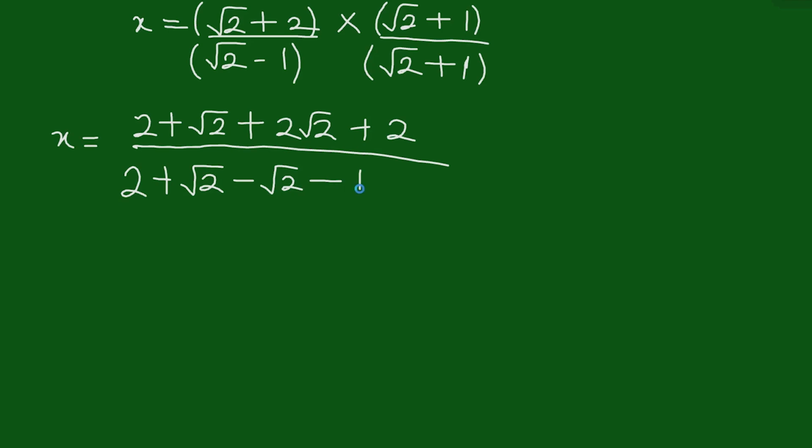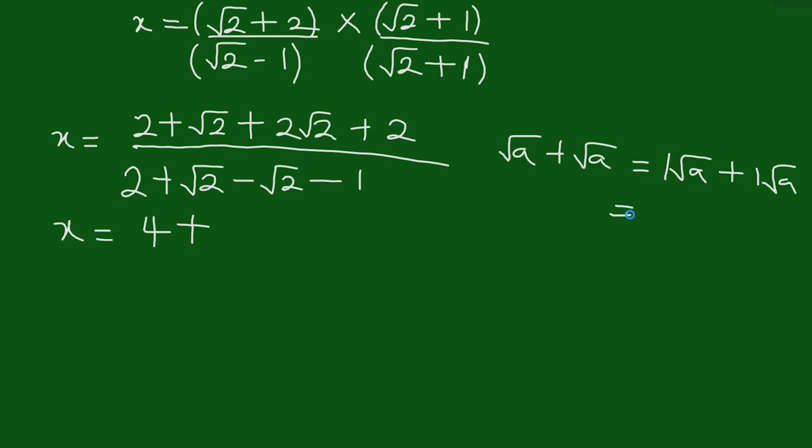So we have x equals, look at the numerator. There are things in common. We have 2 and 2 here. We have root 2 plus 2 root 2. So 2 plus 2 gives us 4. Plus, remember the rule of surds that states that when you have root a plus root a, this can be written as 1 root a plus 1 root a, which equals 1 plus 1, giving 2 root a.